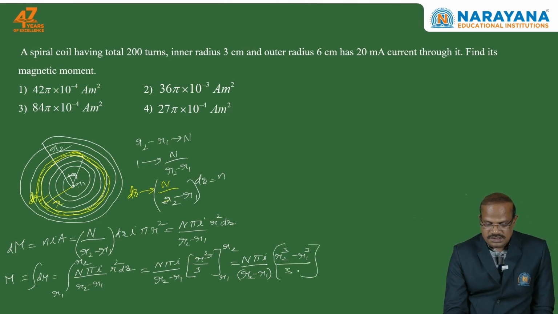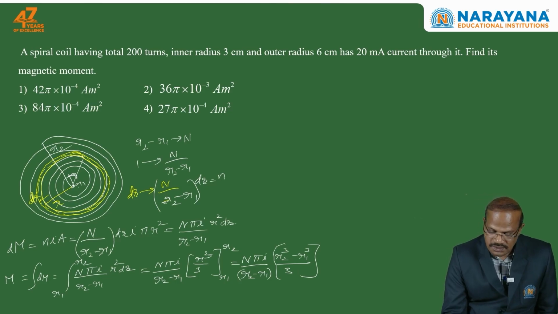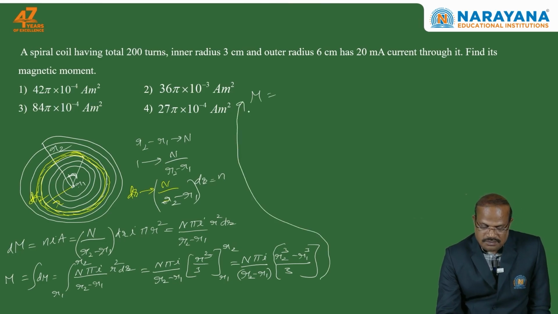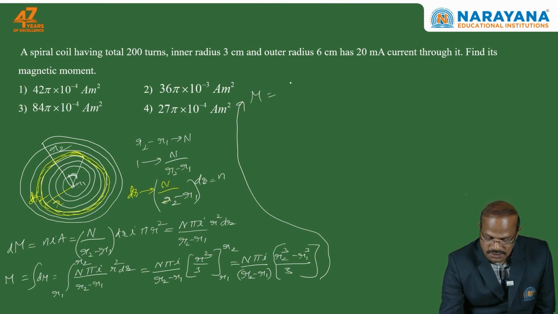So this is the total magnetic moment, and if we substitute that here, M is equal to N, which is 200 turns, into pi, into I, which is 20 milliampere, 20 into 10 power minus 3, by R2 minus R1.